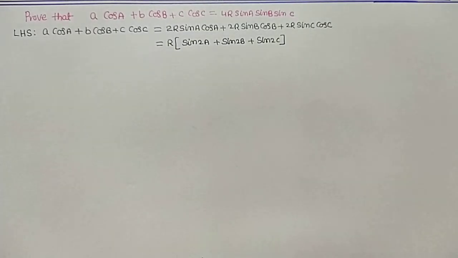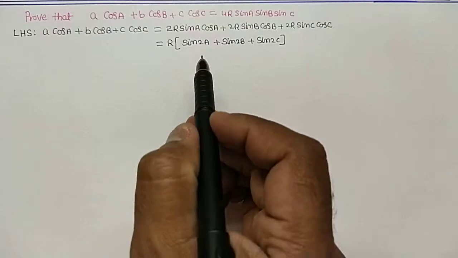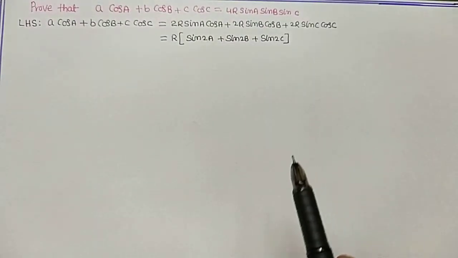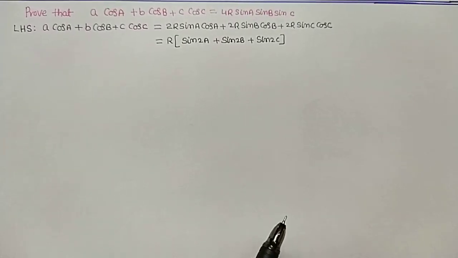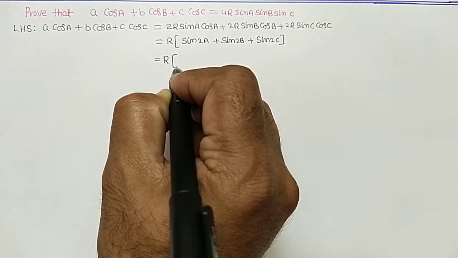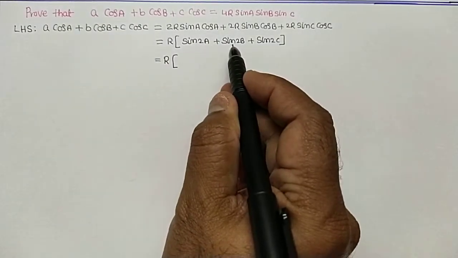After completing this step, by using transformations, the first two terms are in the form of sin C plus sin D, which is 2 sin of (C plus D) by 2 into cos of (C minus D) by 2. So we can apply the transformation formula for the first two terms.